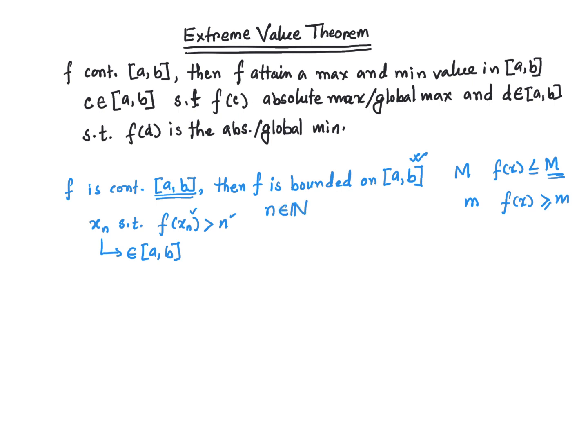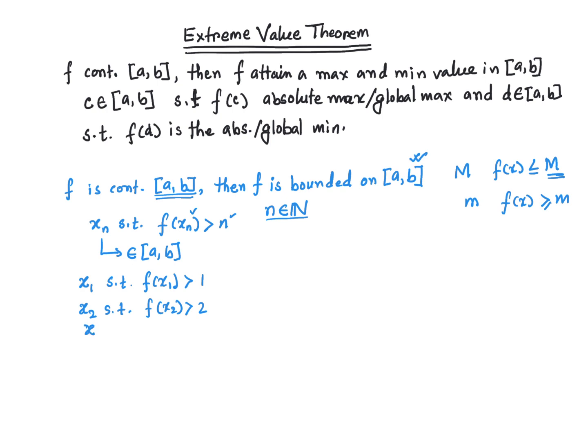Now this is true for all n. That means I could find x sub 1 such that f of x sub 1 is greater than 1. I could find x sub 2 such that f of x sub 2 is greater than 2.